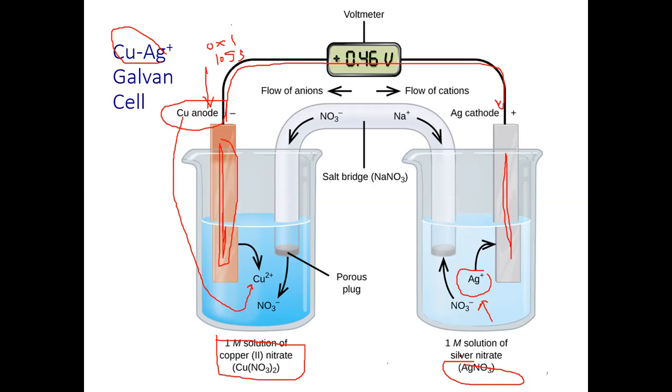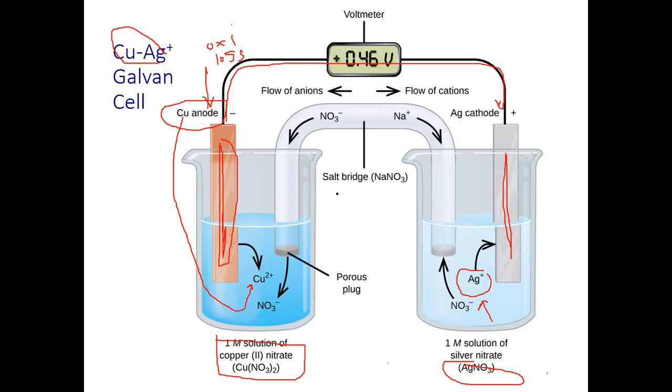We do not want the copper and nitrate to be imbalanced here, and we do not want silver and nitrate to be imbalanced here. Why? Because more and more copper ions are coming out into the solution, so we also need nitrate to go with those copper ions to make it a copper 2 nitrate solution. The balance between the two ions in the compound needs to be maintained, and that is provided through the salt bridge.